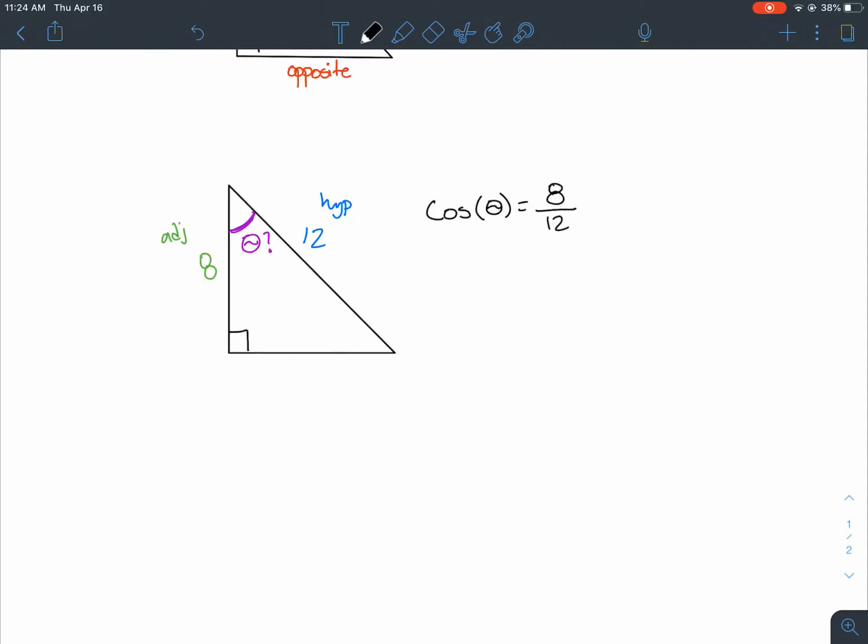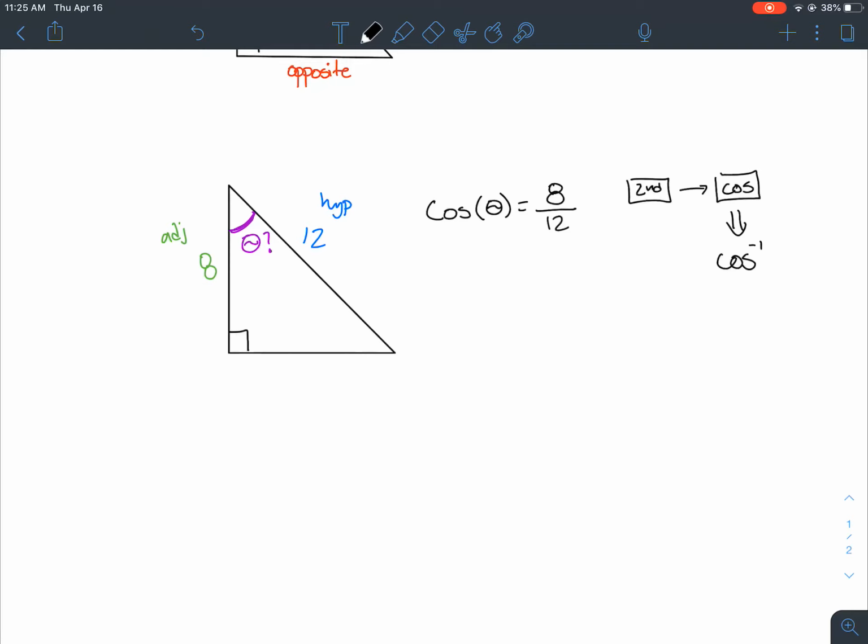On your calculator, I'm referencing the TI-84, if you hit the second button and then the cosine button, that should give you what we call cosine -1. Cosine -1 is basically just the inverse of cosine. It's going to undo that cosine for us and figure out what that angle is going to be.